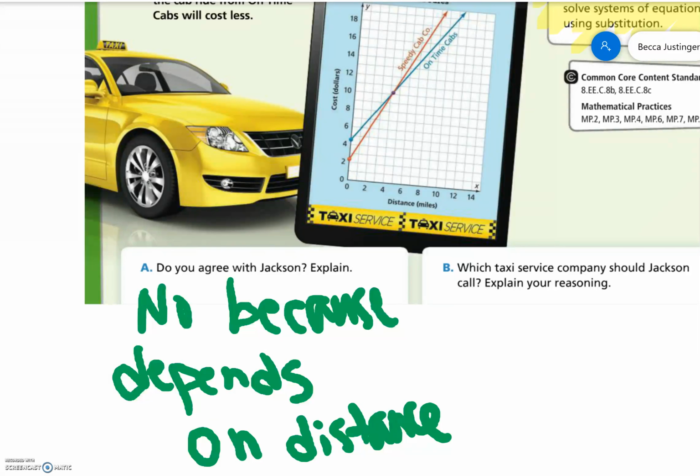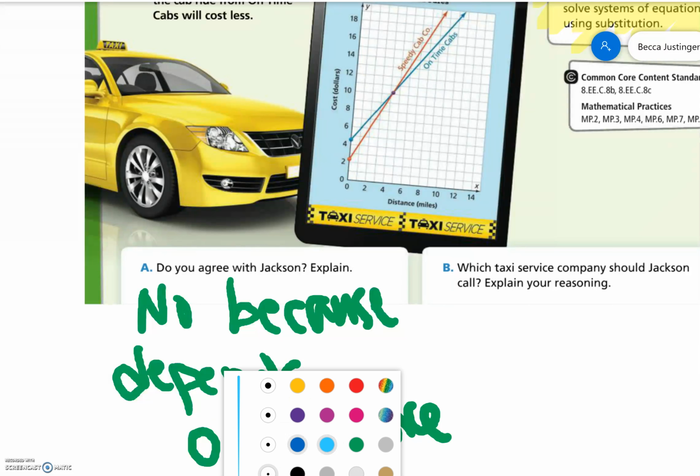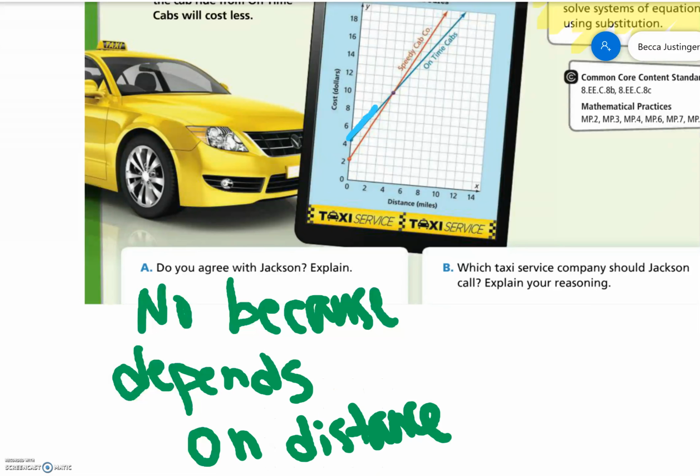Because On-Time Cabs has a lower slope, but if you're going a shorter distance, anywhere from about 0 to 4, On-Time is actually more expensive. After 4, On-Time is less expensive. Before 4, Speedy Cab is less expensive, and then after 4, Speedy Cab is more expensive.